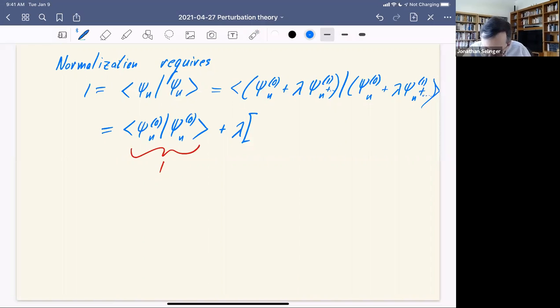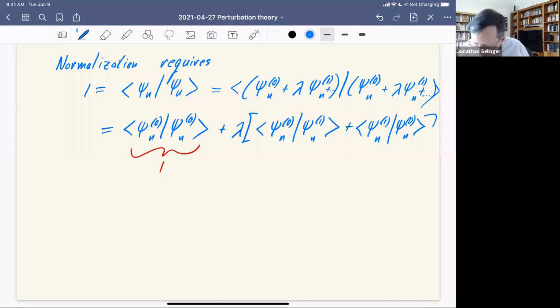So that means we have the inner product psi 0n with psi 1n plus psi 1n inner product with psi 0n. And then plus lambda squared times more stuff plus dot dot dot.